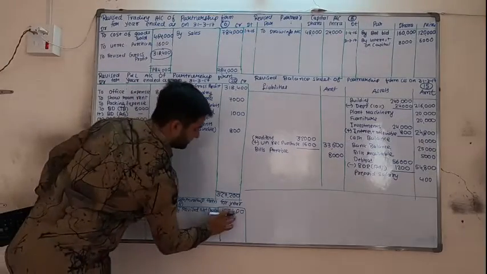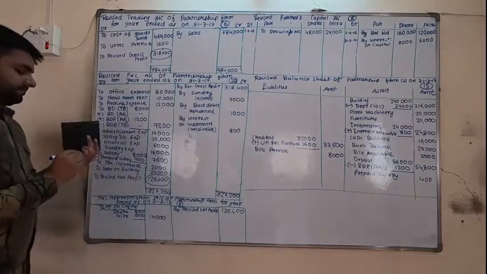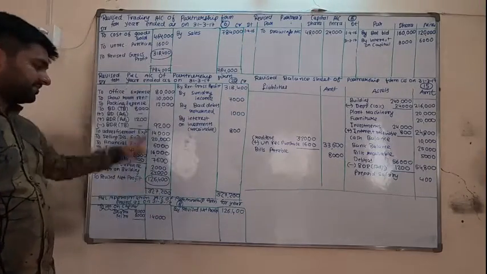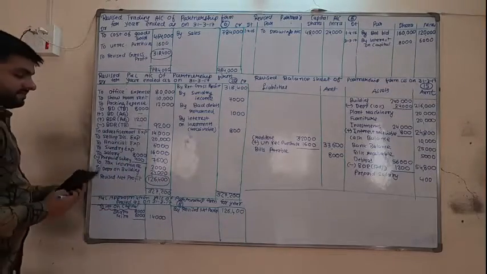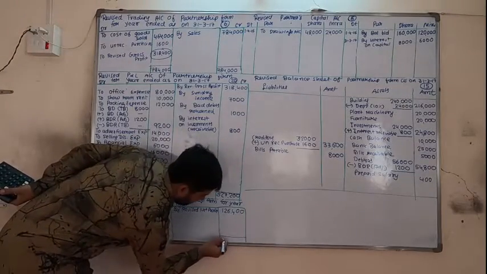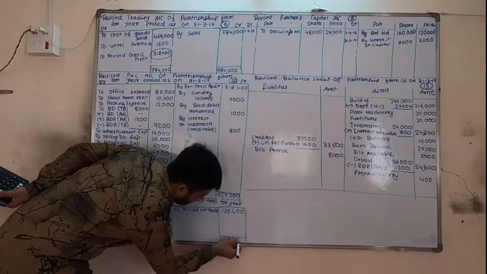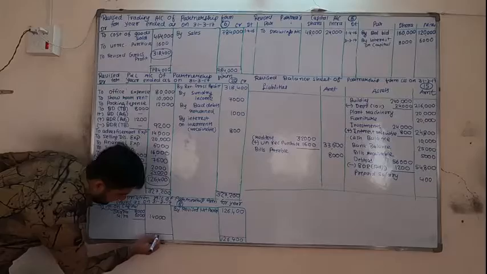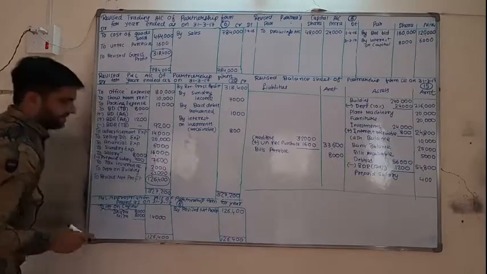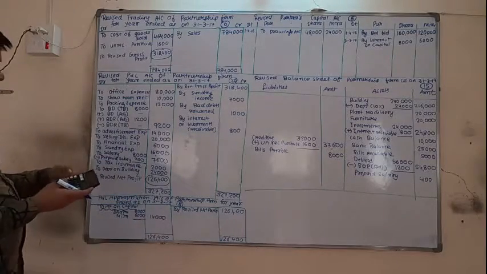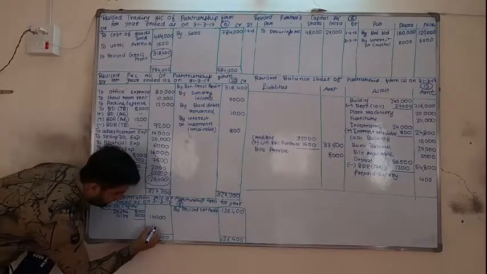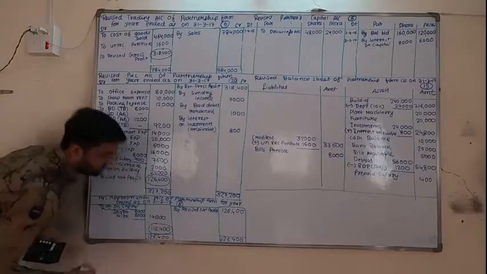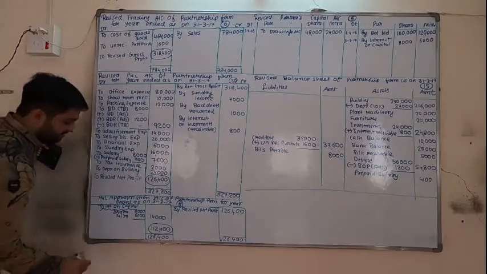Sorry, not 200, it is 400. What I have done is taken this gross profit here, total, and subtracted each thing. Okay? Yes, now here 1,26,400 on both sides, minus 14,000. So it is 1,12,400. Now this is to be distributed in 3:2 as it is given in the book only.